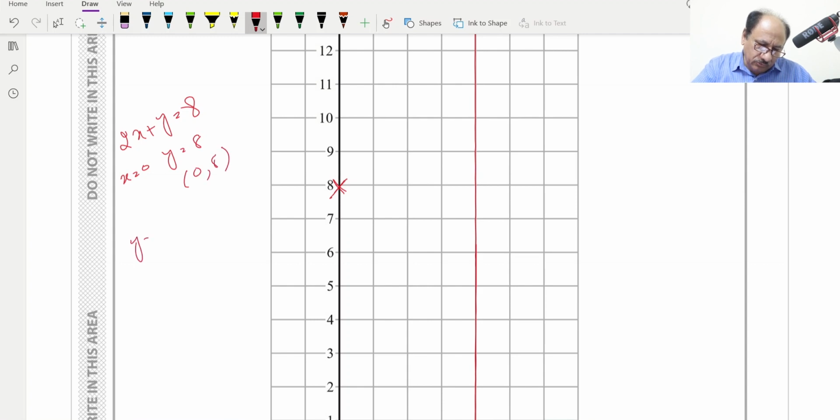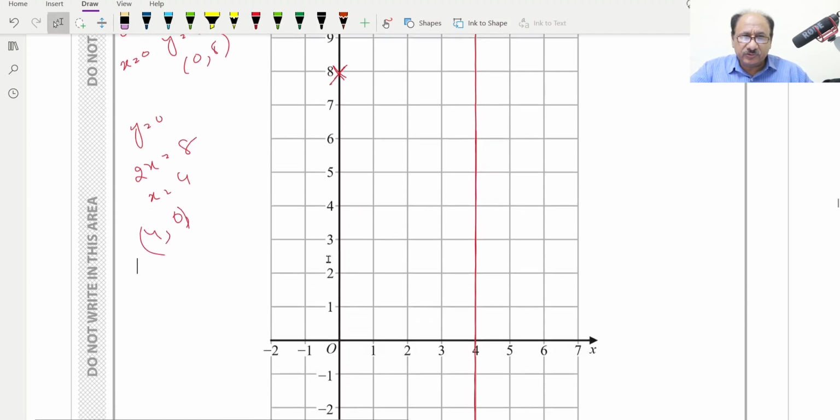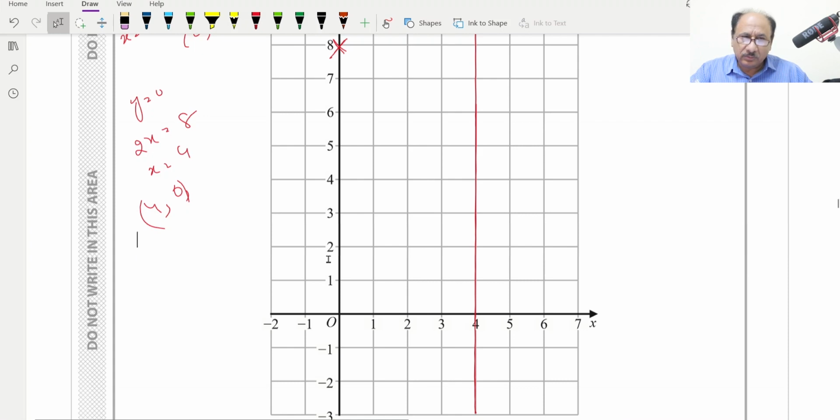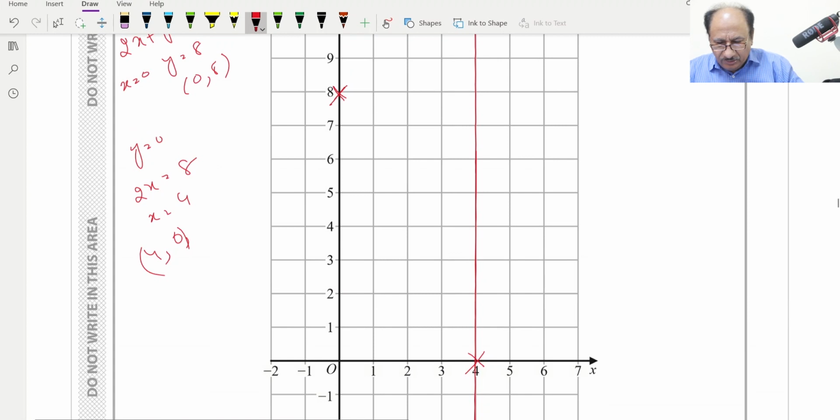Now y is equal to 0, so it will be 2x is equal to 8, so x will be equal to 4. So 4 and 0 will be the other point, which we can cross over here. That will be this point, and we can draw the line which is required.